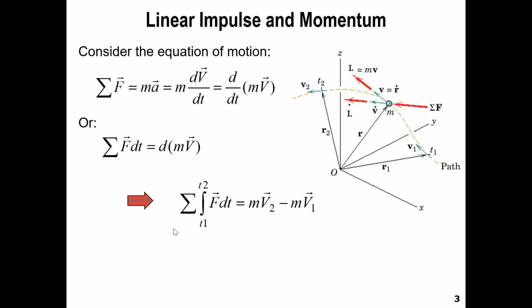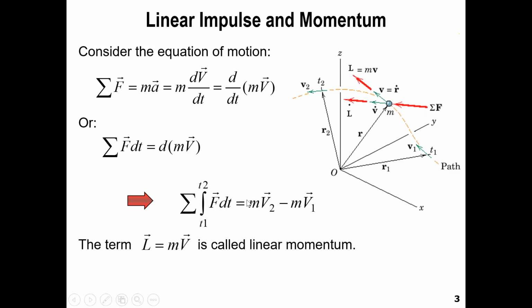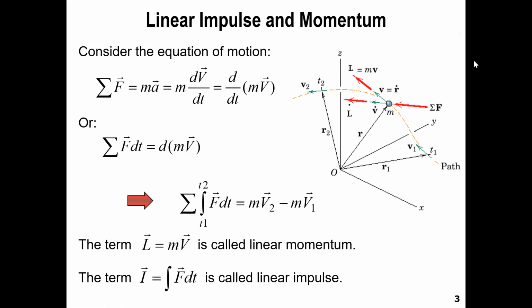To better work with this, we're going to define these parameters and give them a new name. We call mv linear momentum, and we call the integration of F dt linear impulse. Linear momentum, we show it by L. Linear impulse, we show it by capital I. Both of them are vectors.